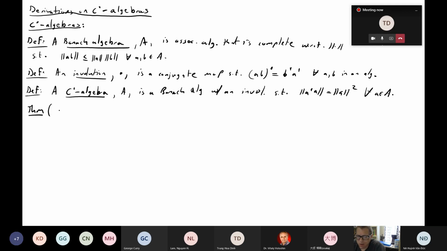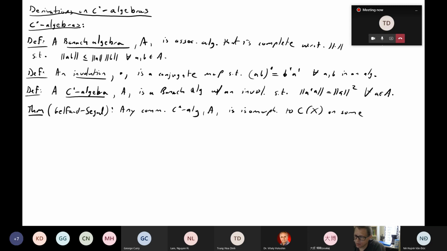And there's a famous theorem due to Gelfand and Naimark that says the following: any commutative C-star algebra, maybe I call it A, is isomorphic to the continuous functions on some compact Hausdorff space.